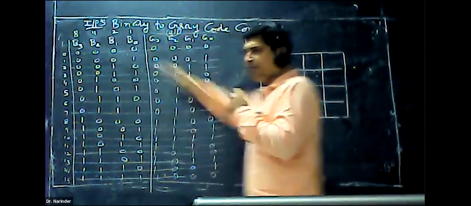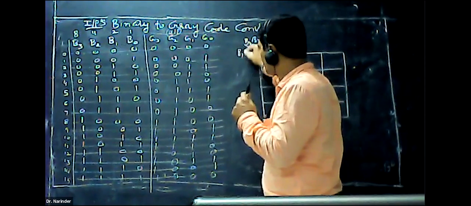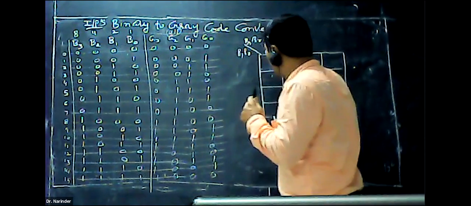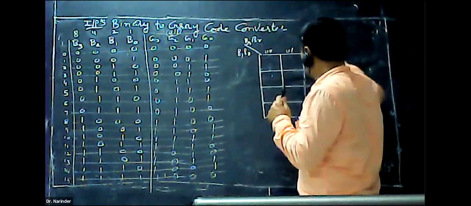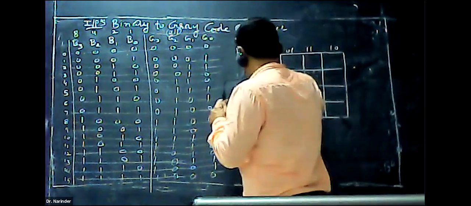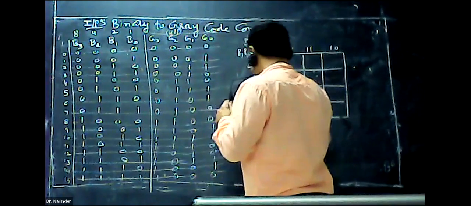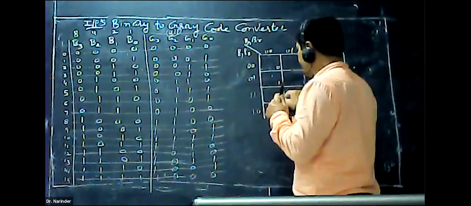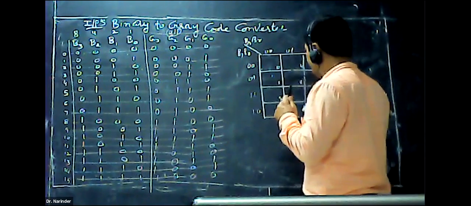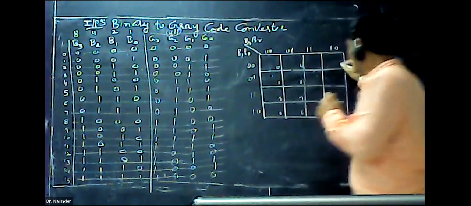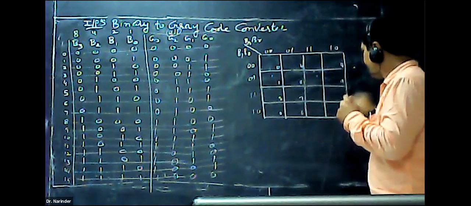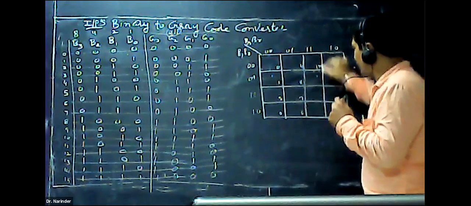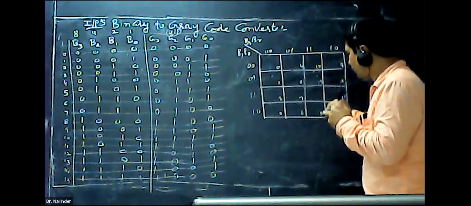This side write B1, B0. Number it as 0, 0, 0, 1, 1, 1, 1, 0, and number the cells 0, 1, 2, 3, 4, 5, 6, 7, 8, 9, 10, 11, 12, 13, 14, 15.